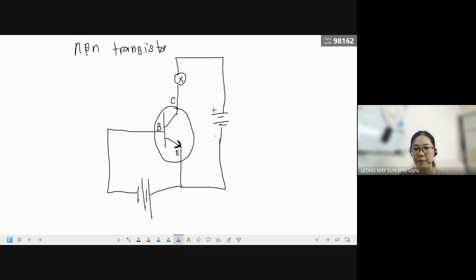So positive, negative. Current will flow from the positive terminal. This is actually the bigger loop which connects collector and emitter. This is known as the collector circuit. The other side is known as the base circuit.